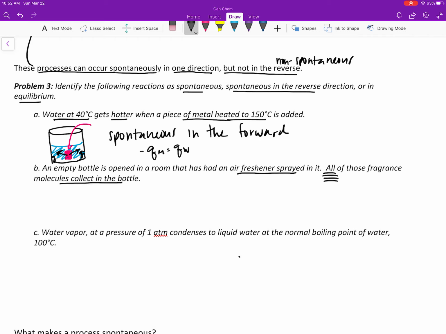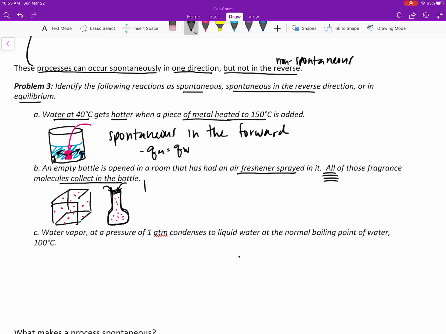What that means is, if there was an open container and somebody came through and sprayed air freshener, all of those freshener molecules, instead of dissipating about the room, evenly distributed according to kinetic molecular theory, would collect inside. I can't draw a real bottle, so I'm just going to try and draw an Erlenmeyer.